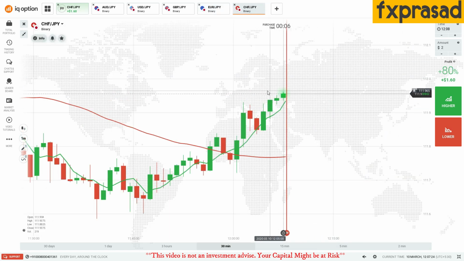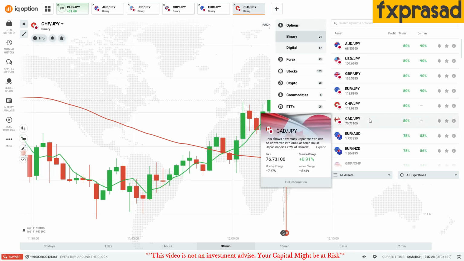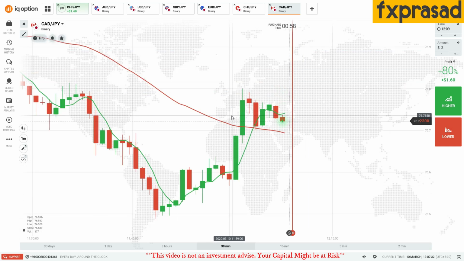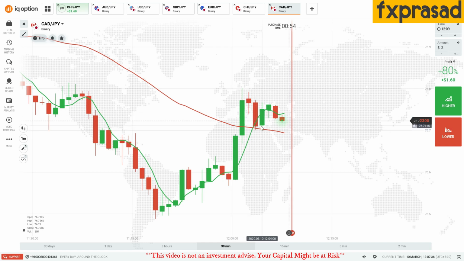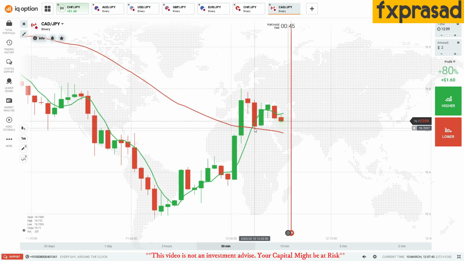CHF JPY is moving up. CAD JPY. Okay, this has just crossed. See here, once the green line is crossing the red line, you take call here.